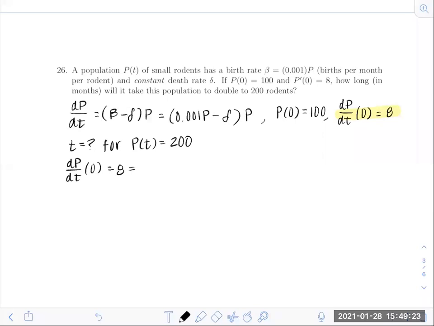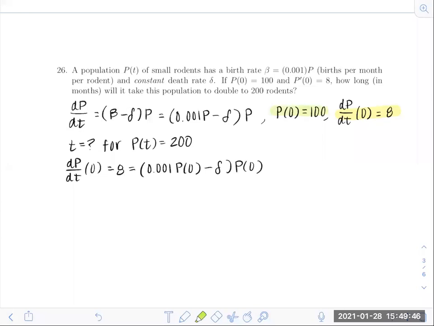But according to our differential equation, that is 0.001 p of 0 minus delta times p of 0. So anywhere where we have a t, which is implied in p and its derivative, we're plugging in 0. So now I actually have to use the other initial condition.